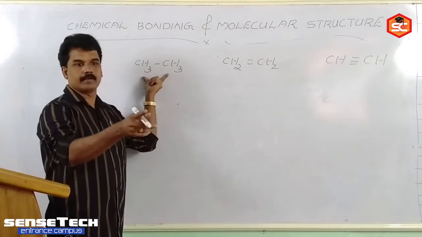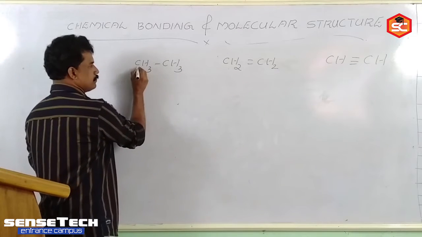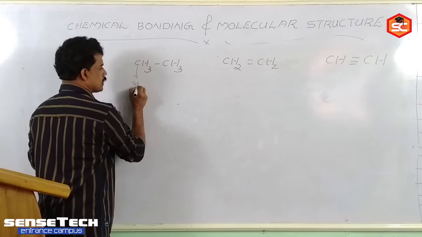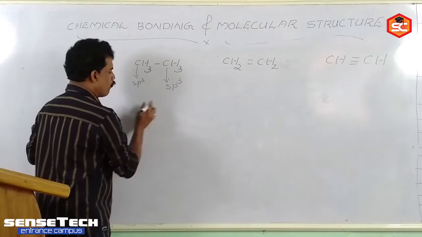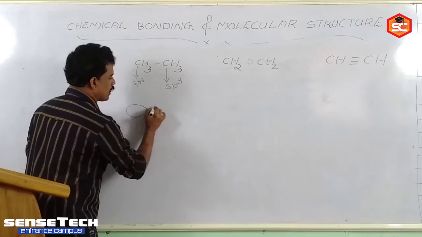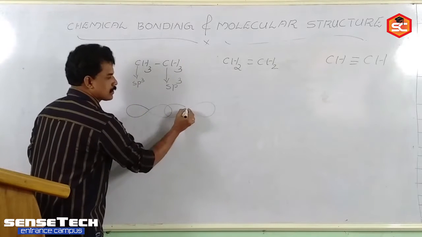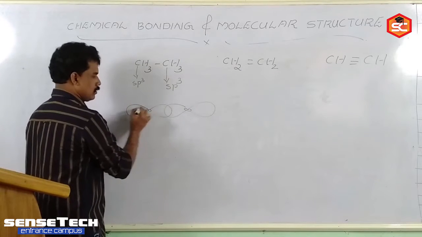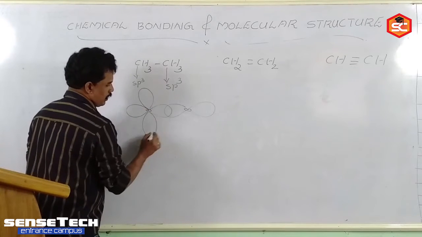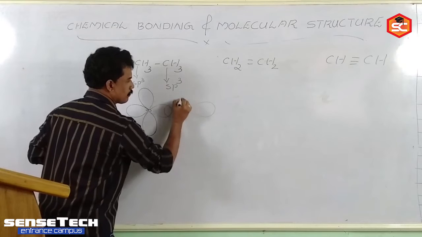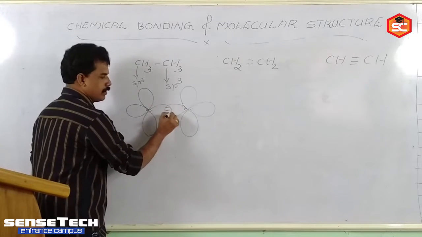Now we already studied CH4 methane, ground state, excited state and all. So here the carbon hybridization is sp3. This carbon also is sp3 hybridization. 4 new orbitals we are getting, 4 sp3 hybridized orbitals having identical shape and equal energy.